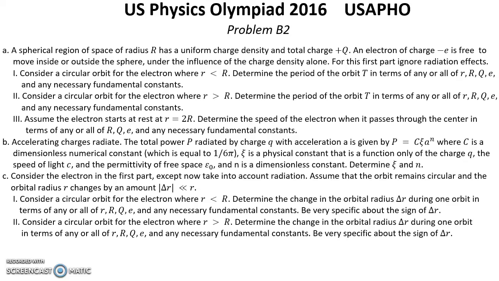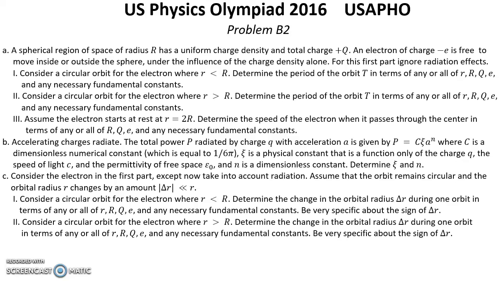C is a physical constant that is a function only of the charge Q, the speed of light c, and the permittivity of free space epsilon 0, and n is a dimensionless constant. Determine C and n.